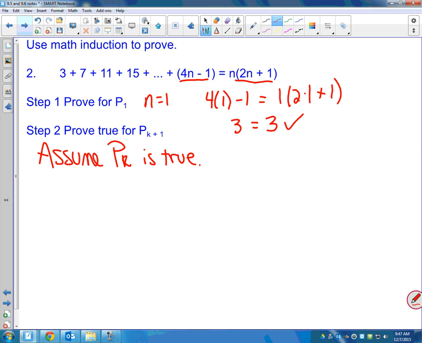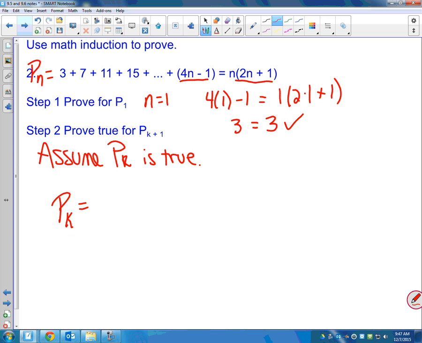So if I wanted to change this, maybe we should do this. Say this right now is P sub n. What do you think I would do to get P sub k? Everywhere there's an n, you just replace it with a k. That's it.